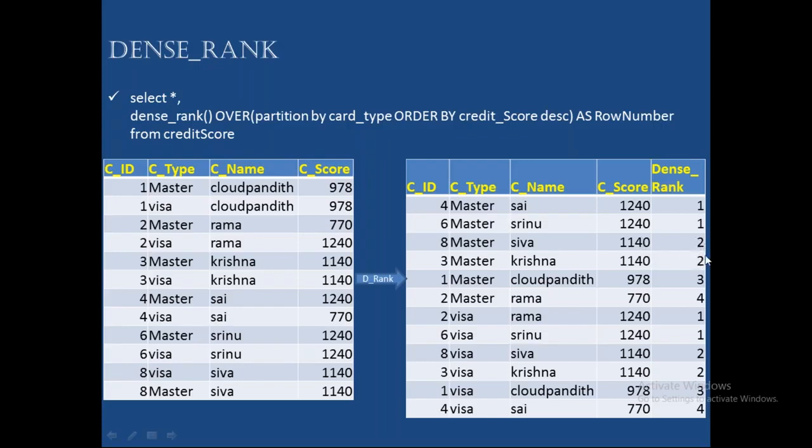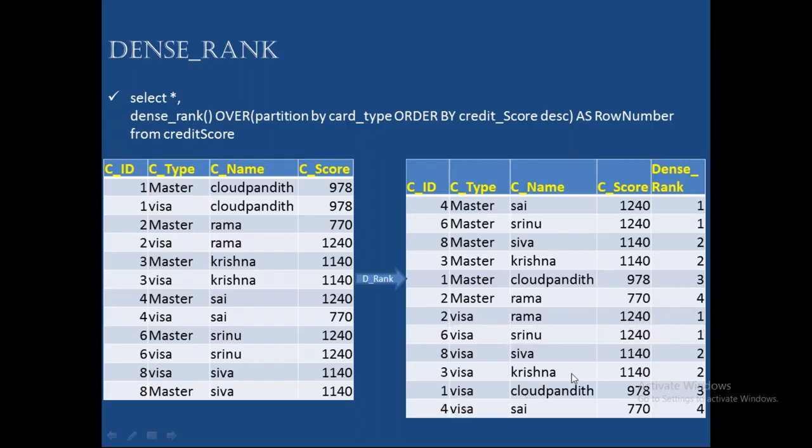There is no rank skipped in dense rank. Ranks will be the same, so these 2 people are 1 1. These 2 people have the next highest score, so they come under second. Next 978 is the third group, 770 is the fourth group. 1240 is rank one, these 2 have the same score, so first rank.